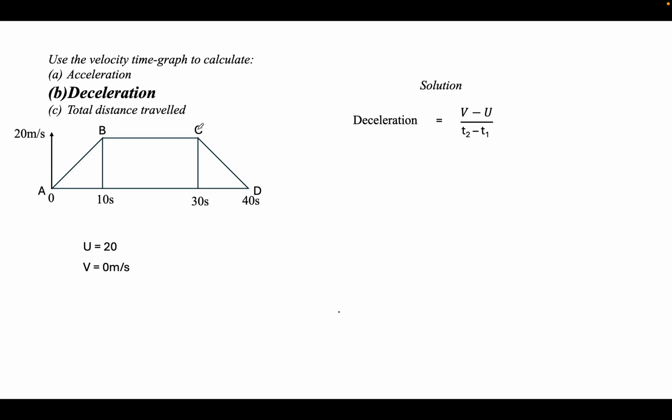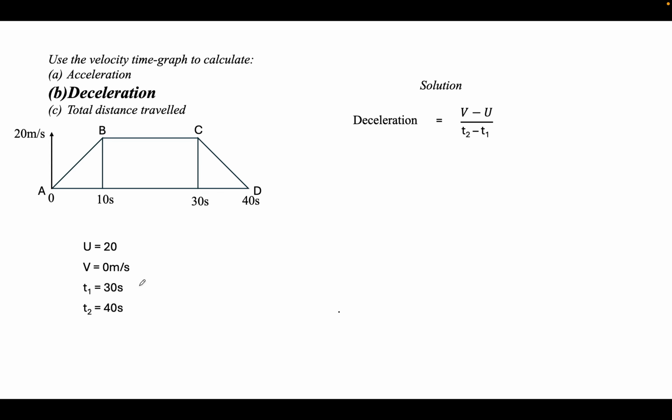Therefore, v, which is final velocity, is equals to 0 meter per second. Then our initial time is going to be from here. So at the point where the object starts decelerating, our time is equals to 30 seconds. So our t1, which is initial time, is 30 seconds. And when the object reaches this point, our time is equals to 40 seconds. So our t2, which is final time, is equal to 40 seconds.